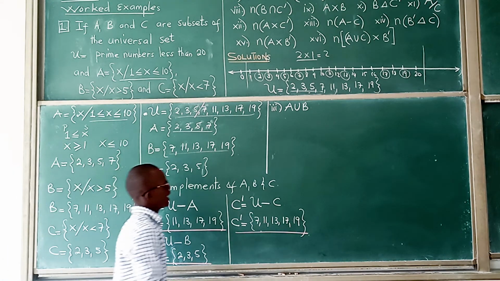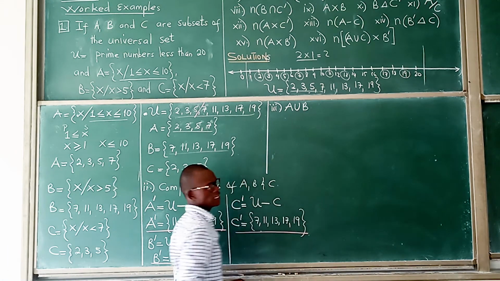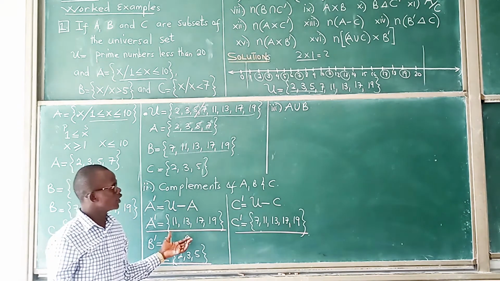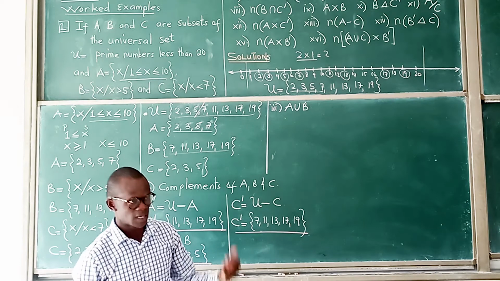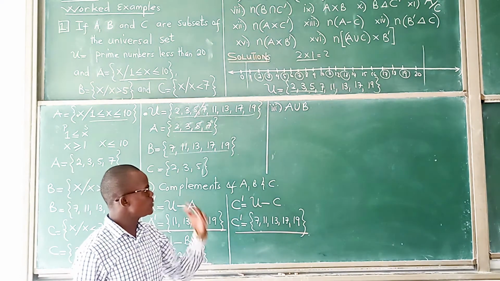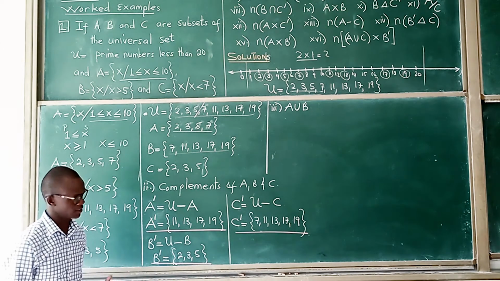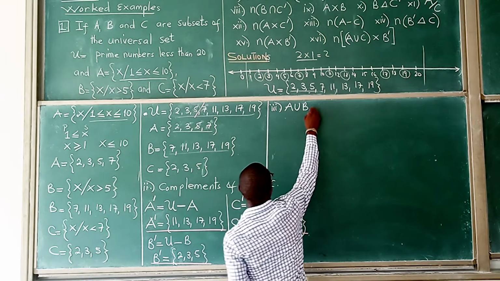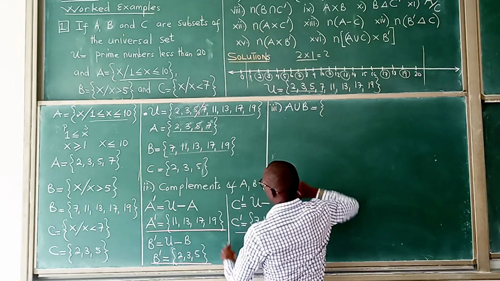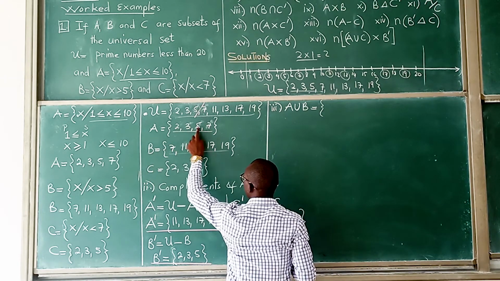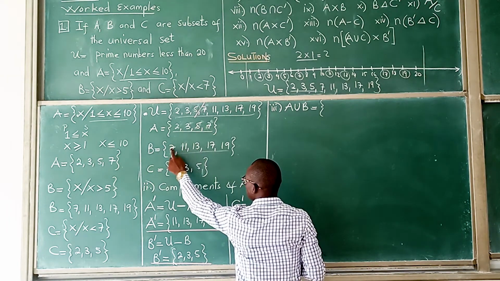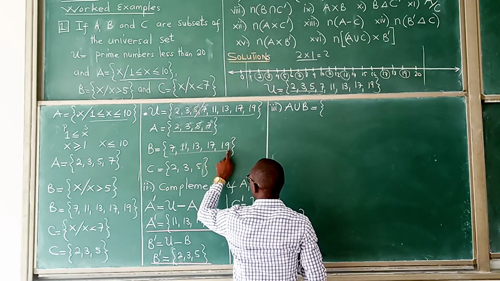So if you are asked to find A union B, it means you must find the combination of A and B. Remember, one of the properties provides that we must not repeat the elements within a set. So A and B, we combine them. This is A, this is B. So A will have 2, 3, 5, 7. B will have 7, 11, 13, 17, and 19.